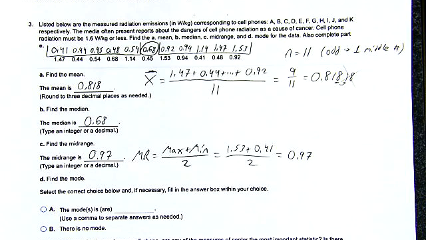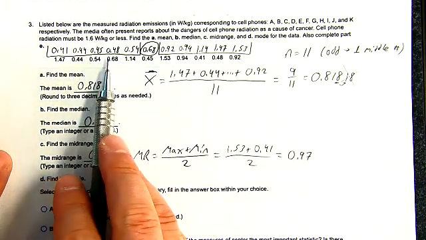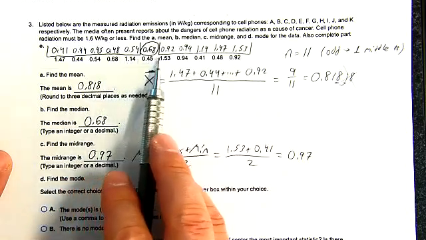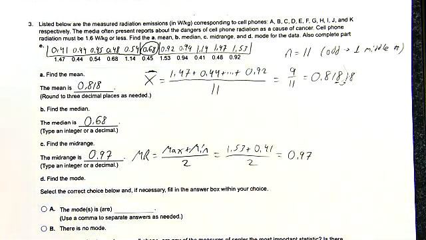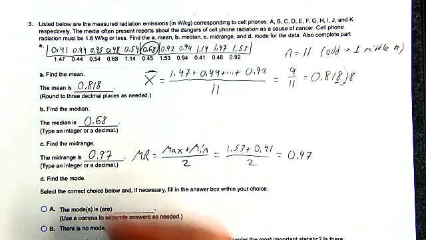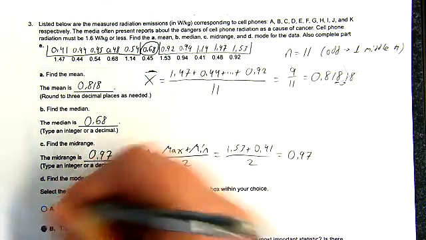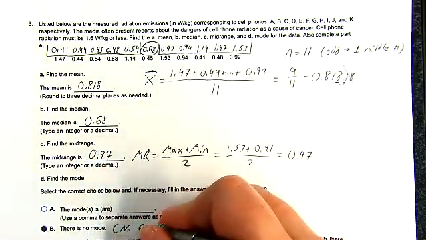What about the mode? Yeah, so do we see any number repeated at all? No, so they're all different numbers, so there is no mode. There were no repetitions.